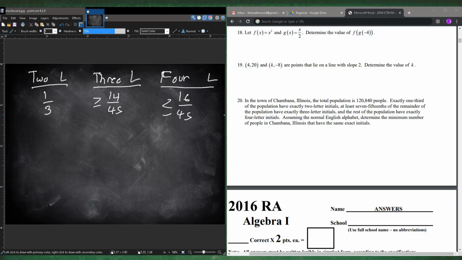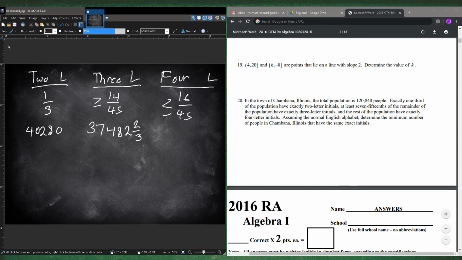So 120,840 times one third is equal to 40,280. And 120,840 times 14 divided by 45 is about 3,748... Oops, just to make sure the numbers are correct.